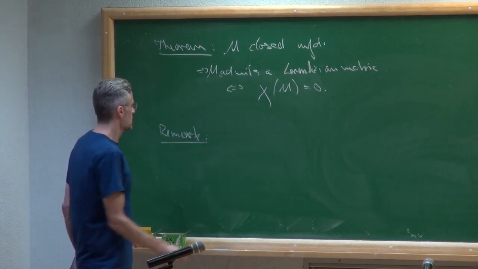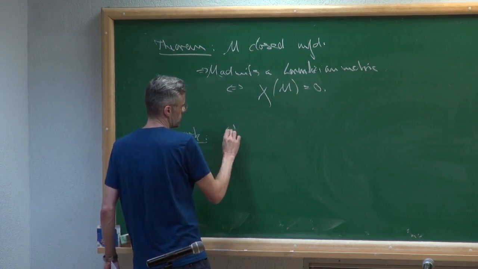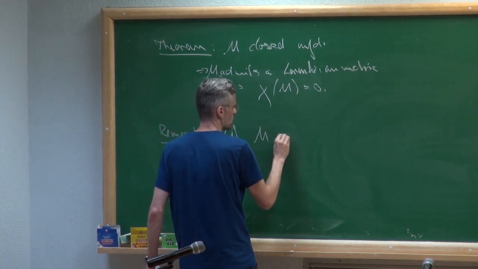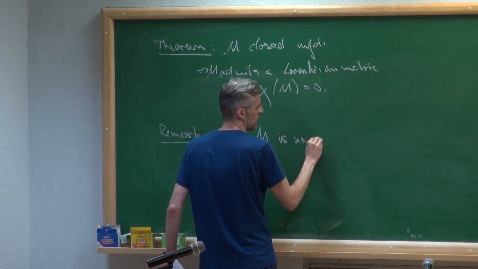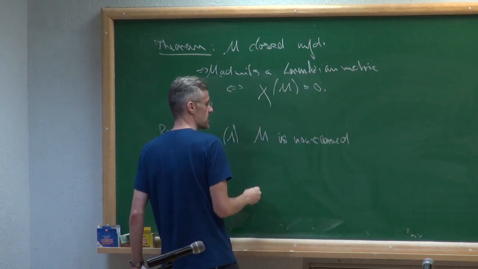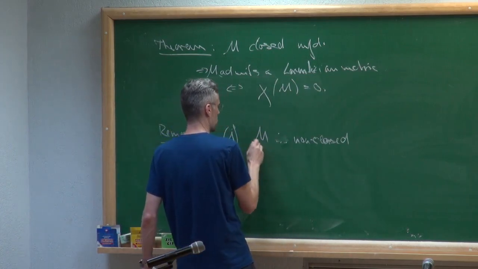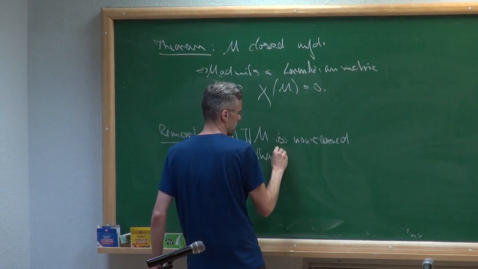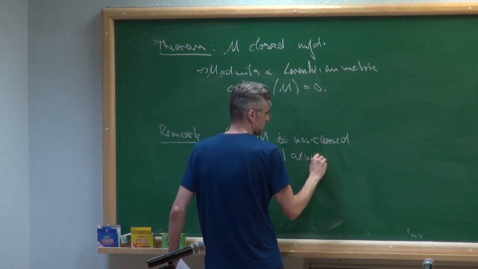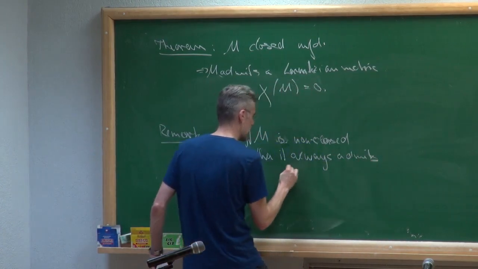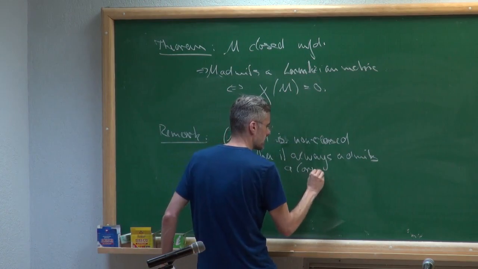First of all, the first remark is that if M is non-compact, or non-closed, it could have boundary, then it always admits a Lorentzian metric.